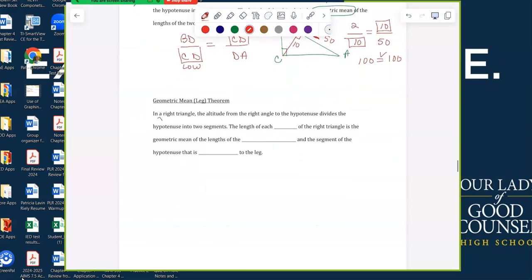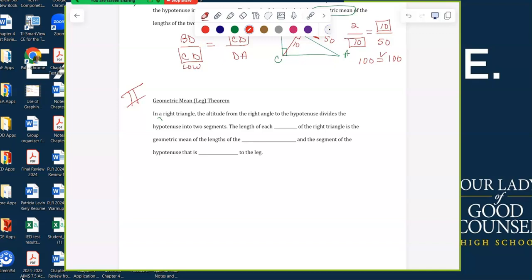The next one has to do with the leg. So the geometric mean leg theorem is my second one. That says in a right triangle, the altitude from the right angle to the hypotenuse divides the hypotenuse into two segments. Yep, we know that.